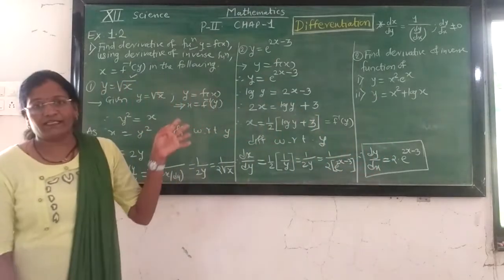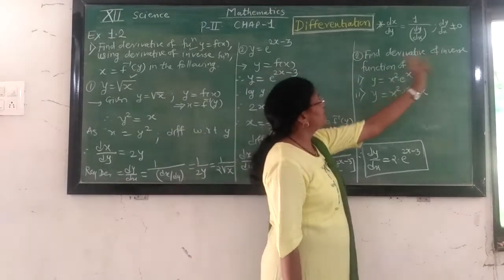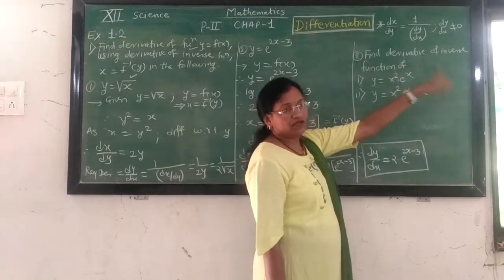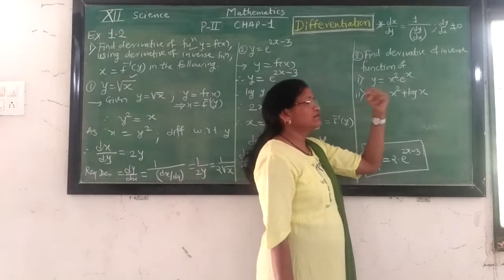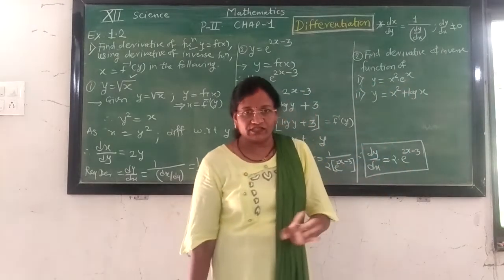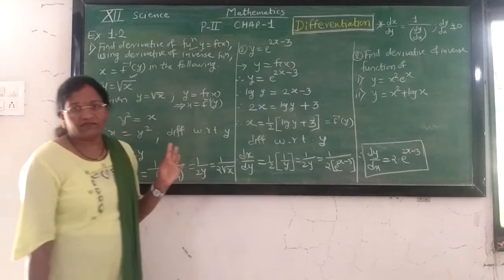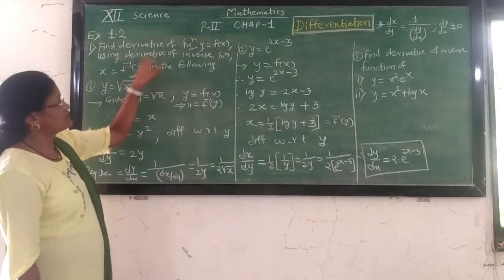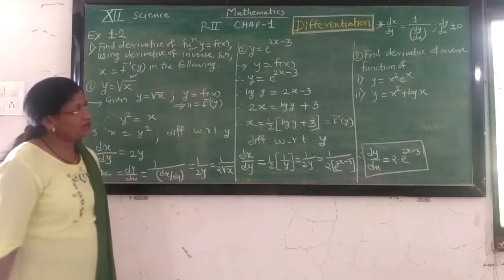Now for the second example, the instruction is changed: find the derivative of the inverse function. So here y is a combination of product, addition, subtraction, division. For this case, we cannot find that inverse function. Here we do not find the inverse function first, using the derivative of the inverse function we directly write the derivative of that inverse function.